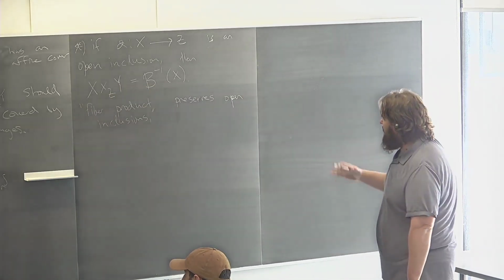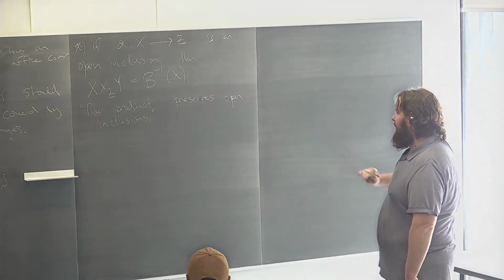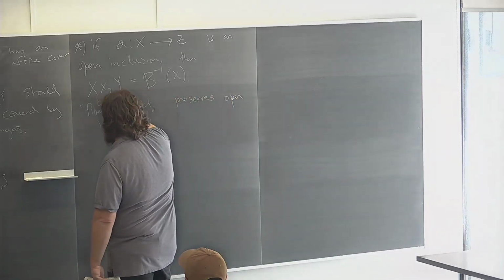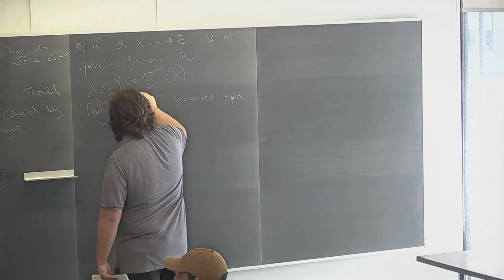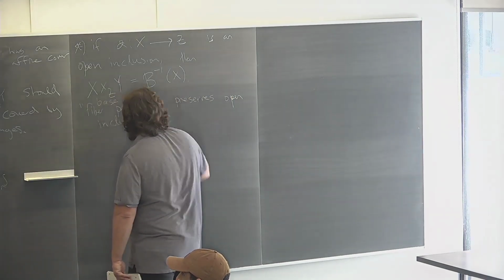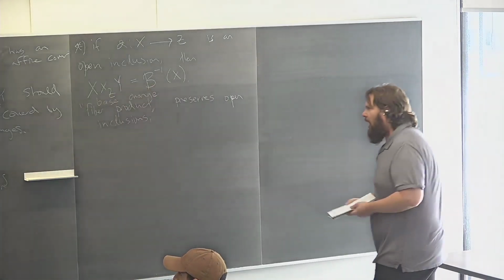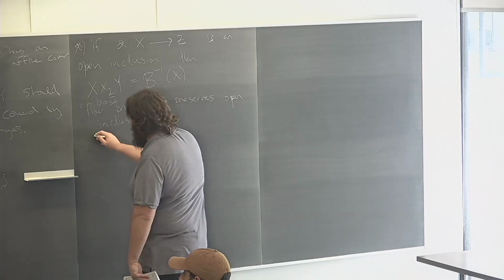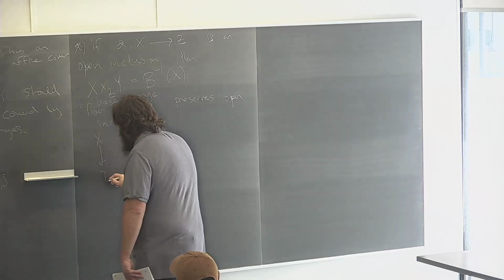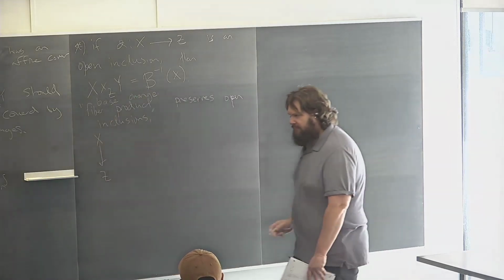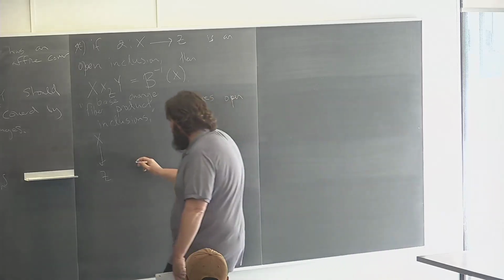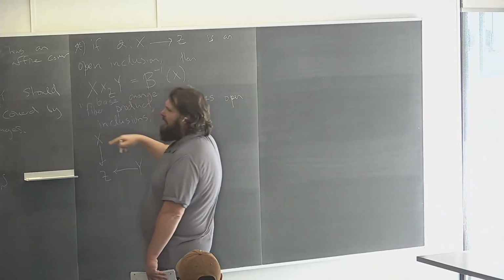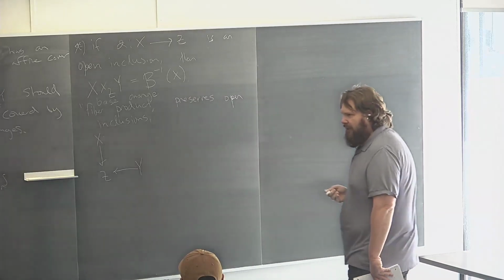This seems as good a point as any to say you'd actually be more likely to hear this statement with a different word for fiber product, which is base change. A common thing that happens is we are thinking of X as a Z scheme, and then we have some Y mapping into X. So we're thinking of Z as a base, and X as some kind of family over it.